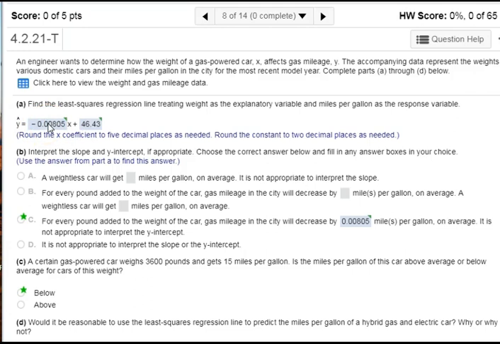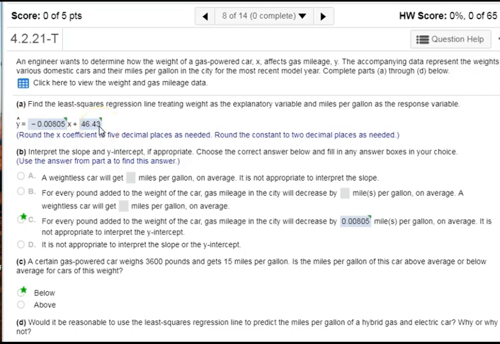Now, this part about interpreting the y-intercept if appropriate, the y-intercept is on the y-axis. That means x is 0. So it doesn't make sense for our x value to be 0. If so, we would interpret this as y would equal 46.43 when x is 0.